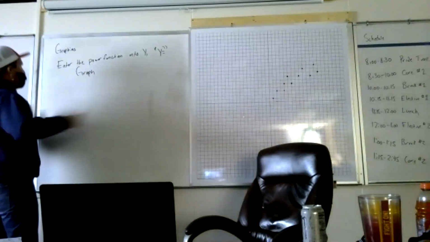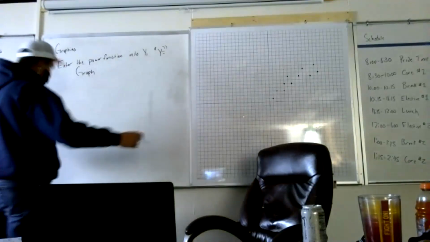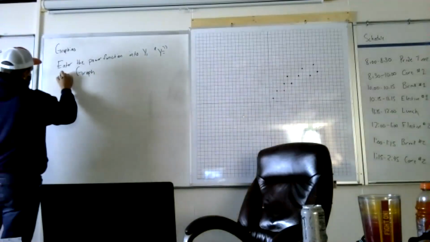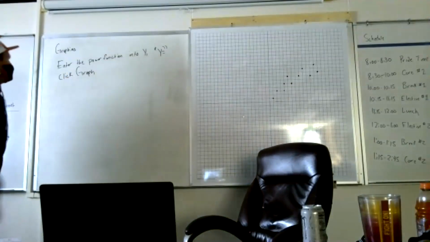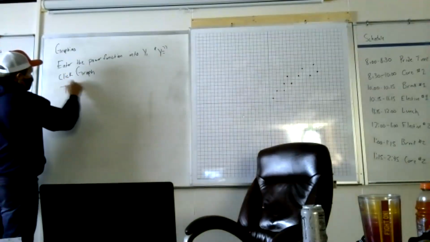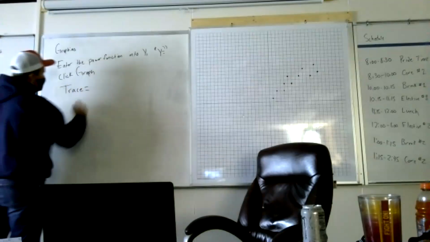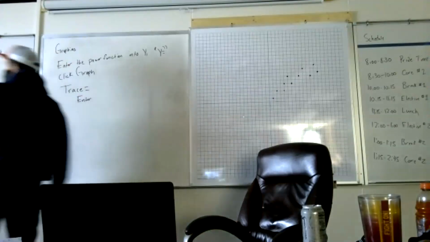Okay, make sure your window is still adjusted so we encompass all of the information for our X values and all of the information for our Y values. Okay, we're going to click graph, and then we're going to click trace, and then we would enter whatever number they're asking us to find.